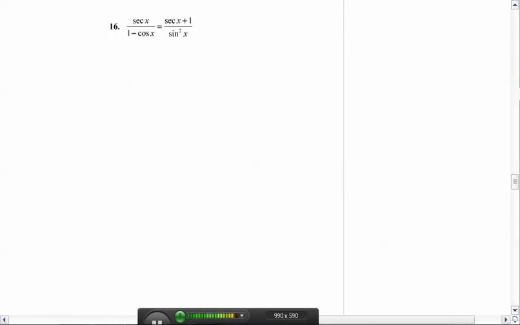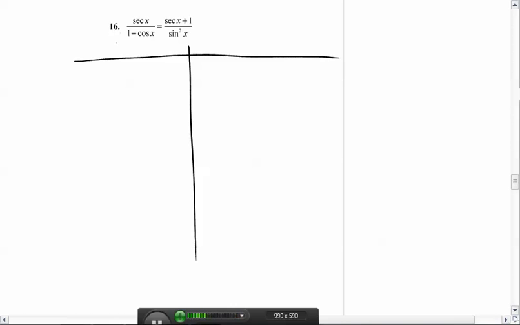And finally, for question 16, it's starting to look very similar. I'm going to change everything to sine and cosine.